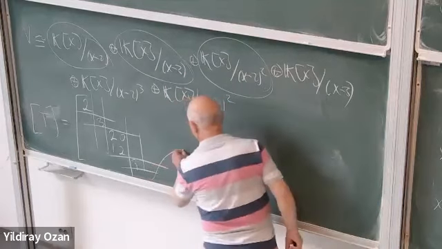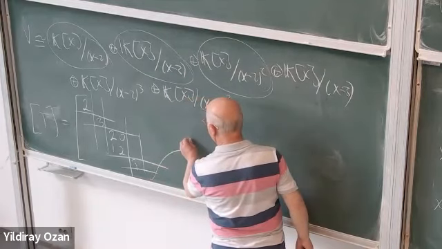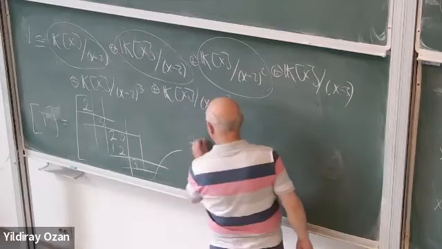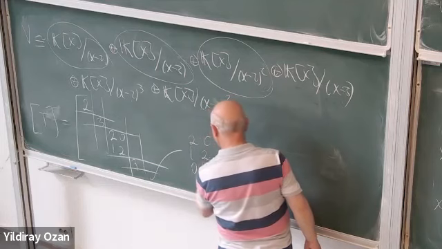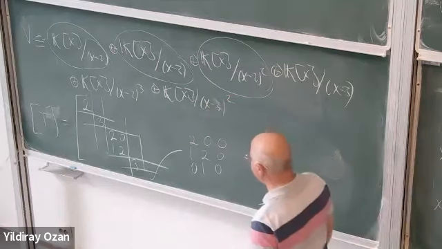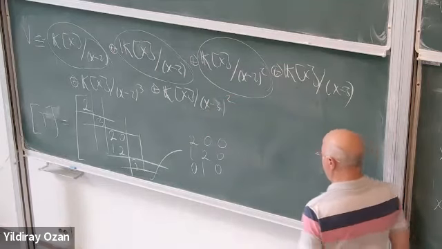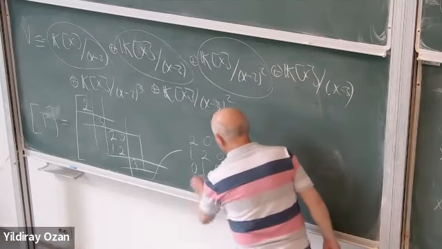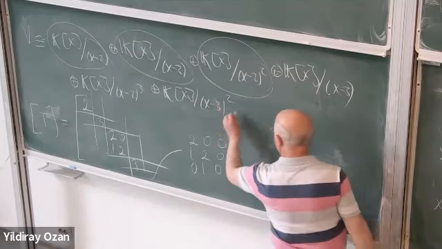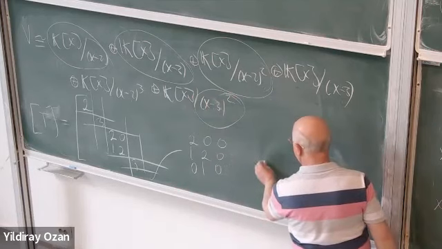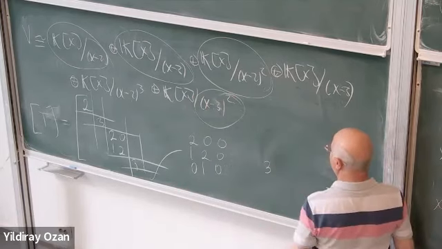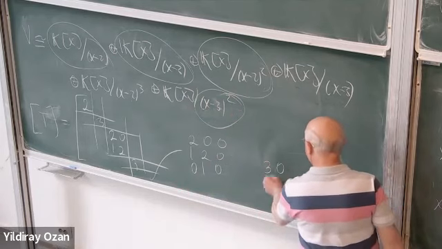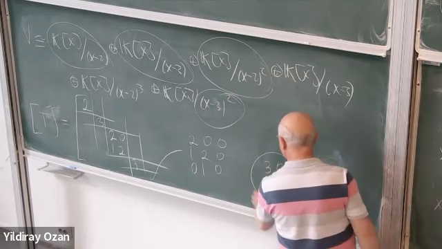So here we have this kind of Jordan block. So 2, 0, 0, 1, 2, 0, 1. Okay, something like this. And then another Jordan block. And for this one, it will be just Jordan block of size 2. So this game.